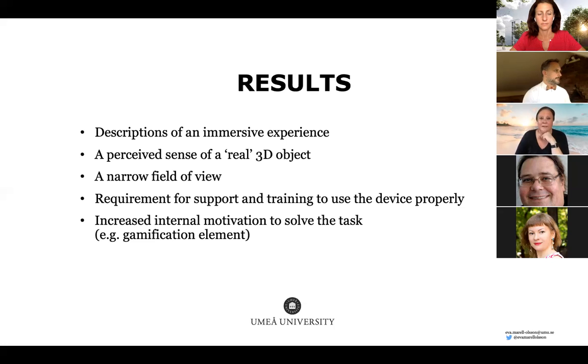But they had motivation to solve this task, and it was organized as a kind of workshop, so it wasn't mandatory for this course, but just to help and support them with this transition of 2D and 3D.